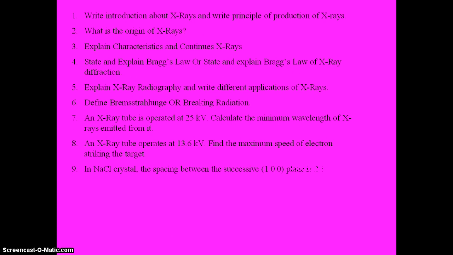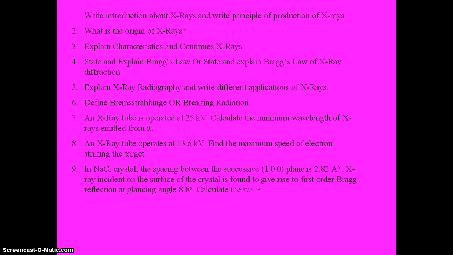Next, again a numerical, the ninth question. In NaCl crystal, sodium chloride crystal, the spacing between the specific planes is 2.82 angstrom. Here spacing means d, right? This question is from Bragg's law. Here we will calculate lambda, and the formula for Bragg's law is 2d sine theta is equal to n lambda.